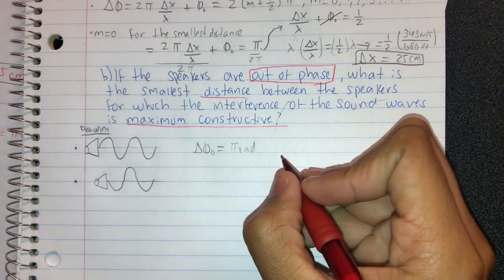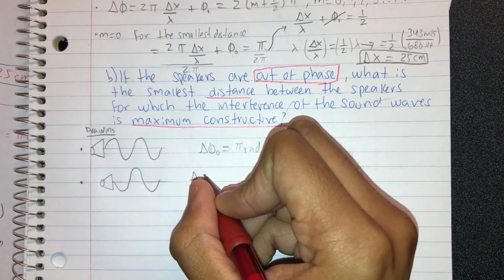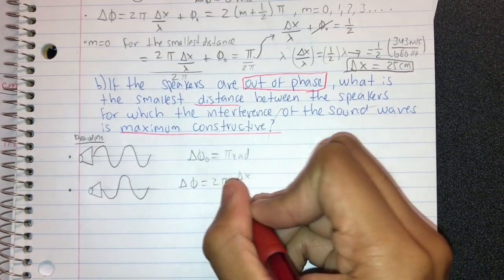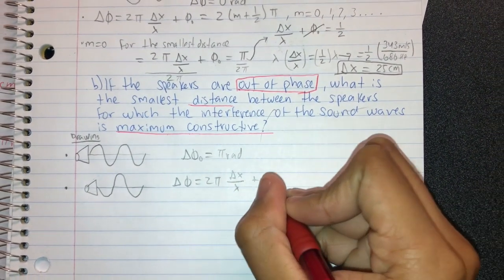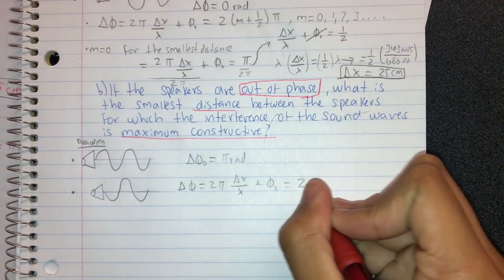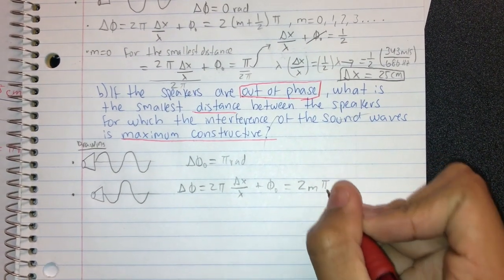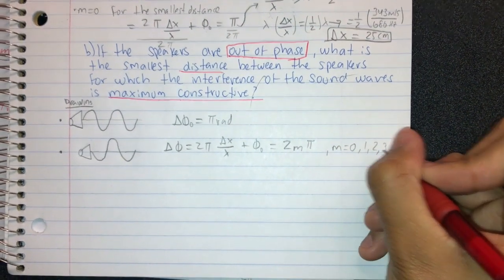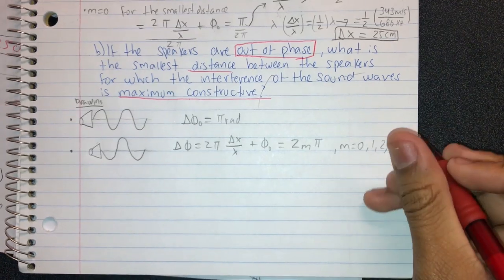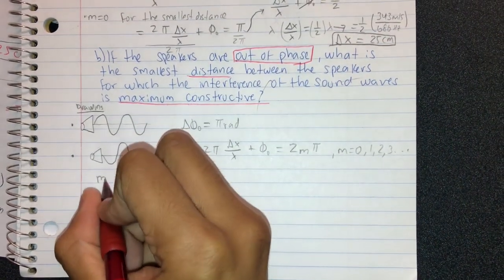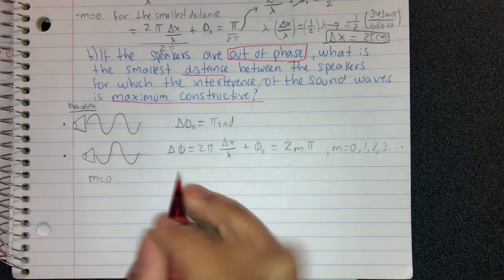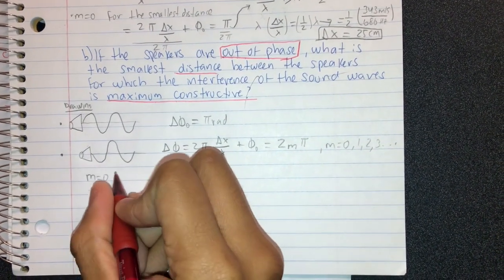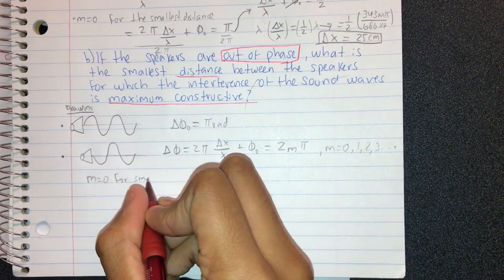Also, for constructive interference, we can use the formula delta phi equals 2 pi delta x over lambda plus phi naught equals 2 m pi. In this case, m can equal 0, 1, 2, 3, etc. For this instance, we're also going to use m equals 0 for the smallest distance as we did in part A.